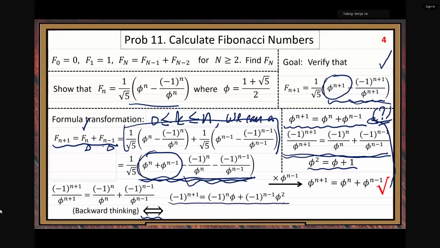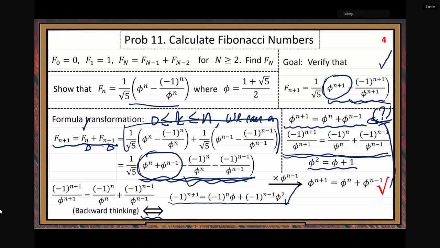We multiply phi to the n plus 1 both sides. After simplification, we get this expression. But that power of -1 is quite annoying, right? It's a distraction. So we want to eliminate that negative power of -1 to simplify it.